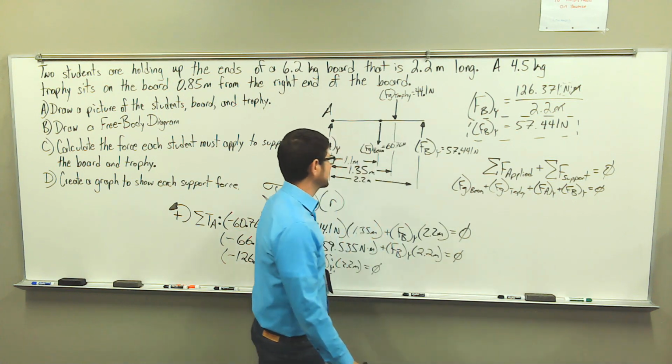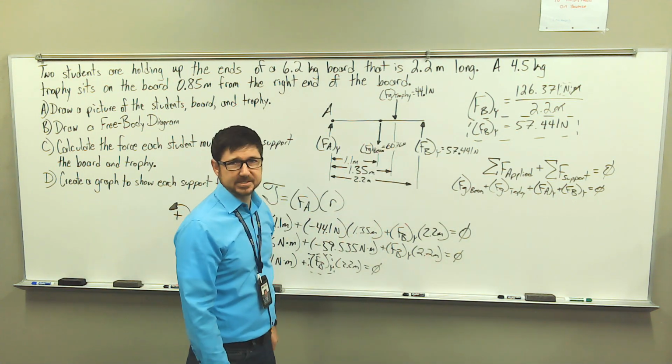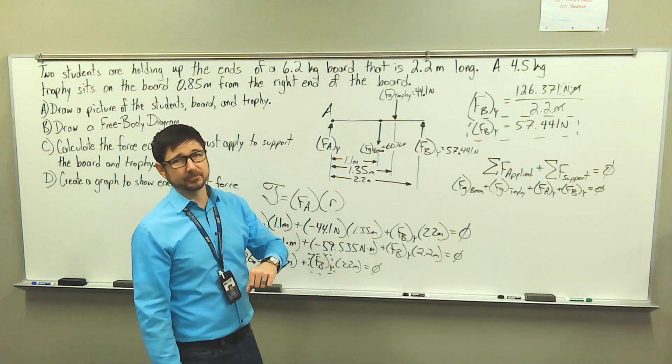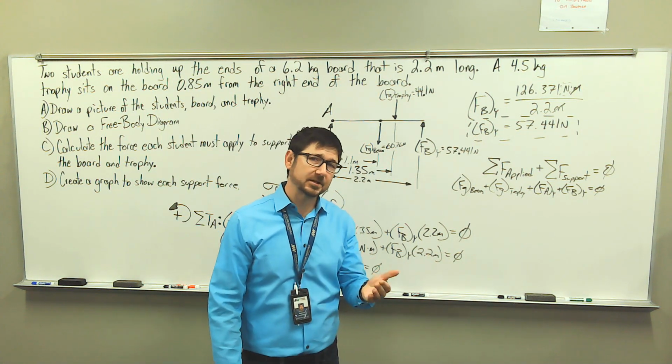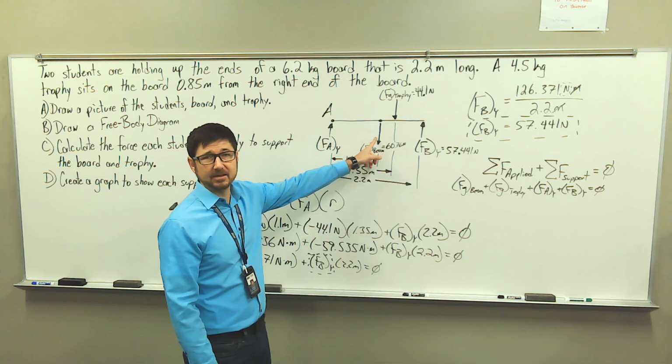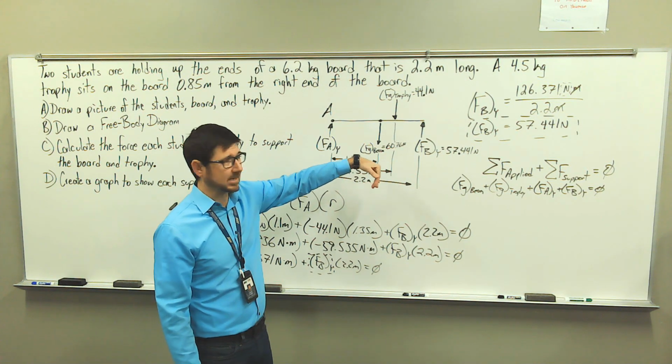So the weight force of the beam, we have 60.76 newtons. Now, we need to remember that weight force is a vector, so we must show direction when we're writing this down. You can see that we have a vector in the negative y direction here.